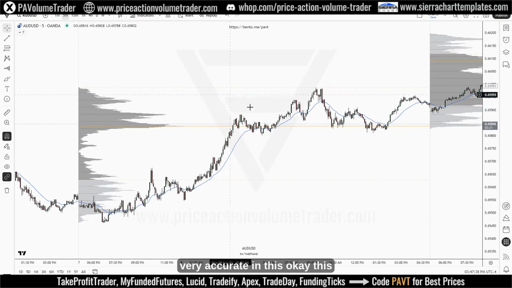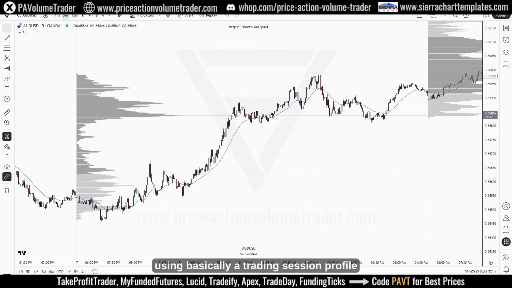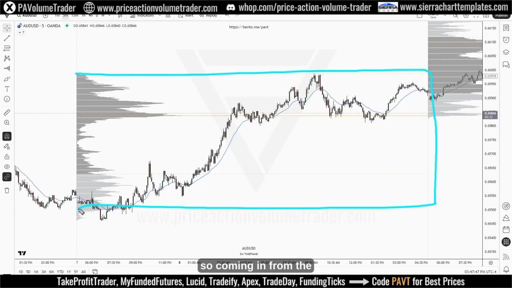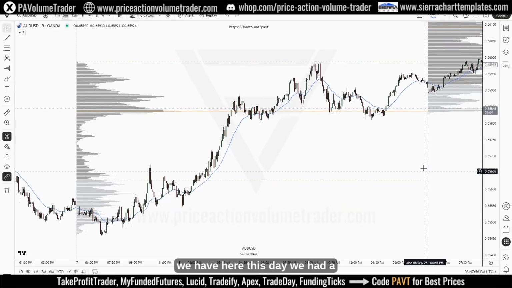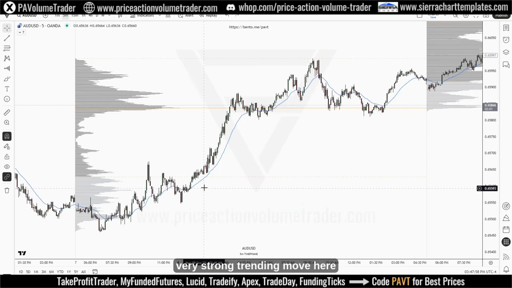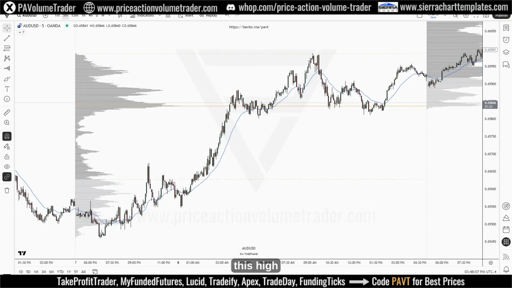This is in TradingView, and I'm using a session profile, which equals the entire day, from the 5 p.m. Eastern time open to the 5 p.m. Eastern time close. On this day, we had a very strong trending move right into the London Europe open.